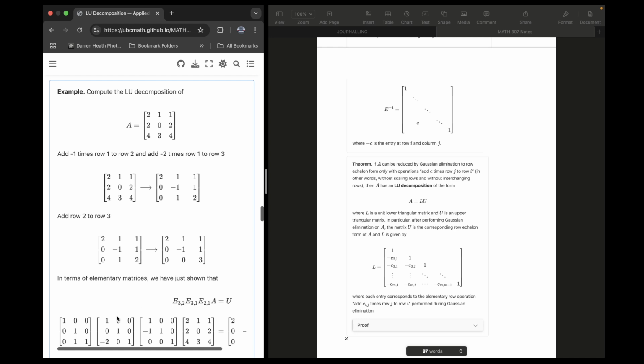Then we're adding negative 2 times row 1 to row 3.